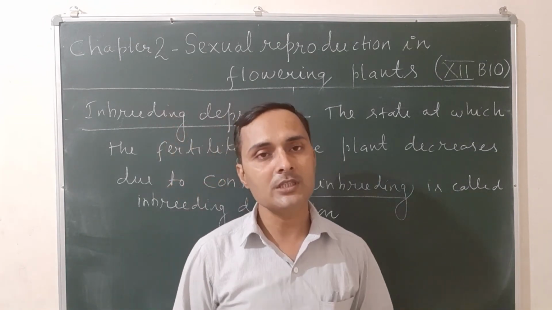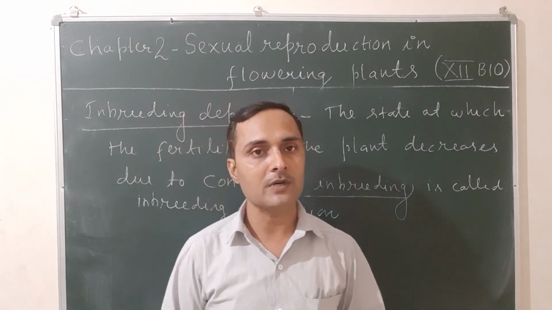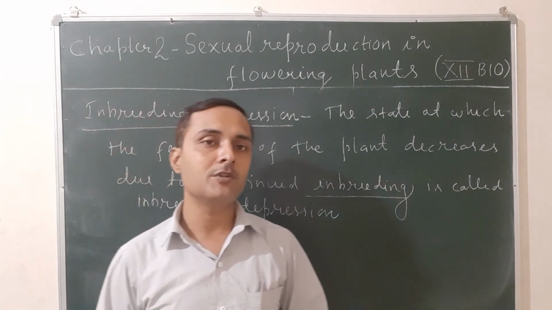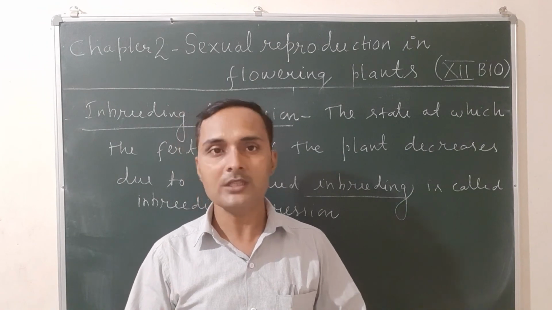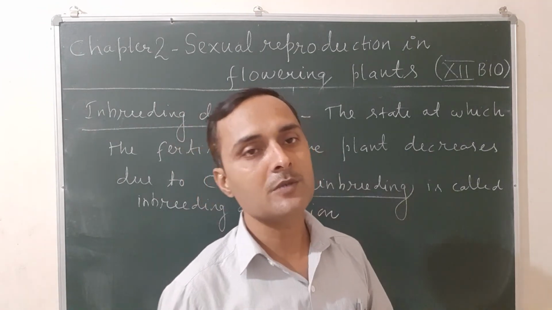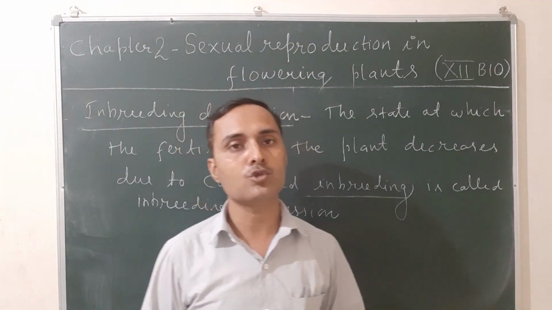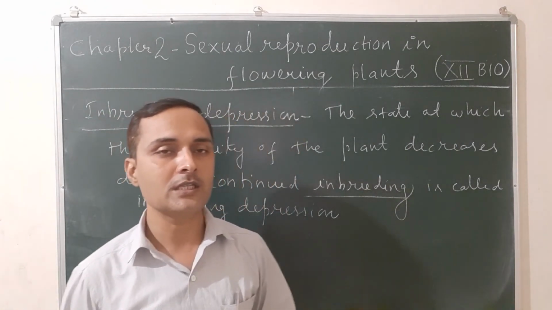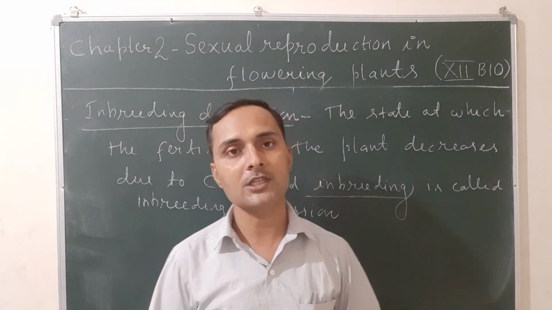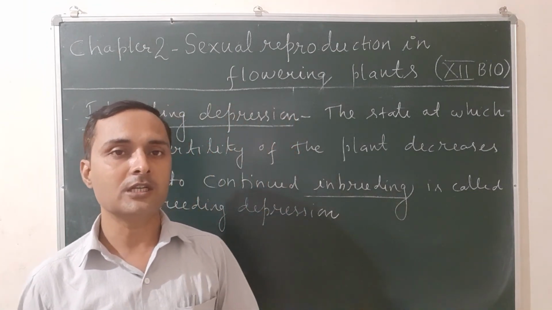The various mechanisms which prevent self-pollination and promote cross pollination are collectively known as outbreeding devices. In the next class, we will discuss outbreeding devices in detail. Thank you.